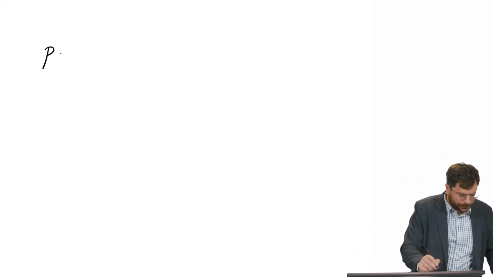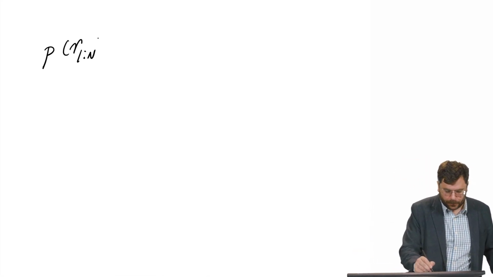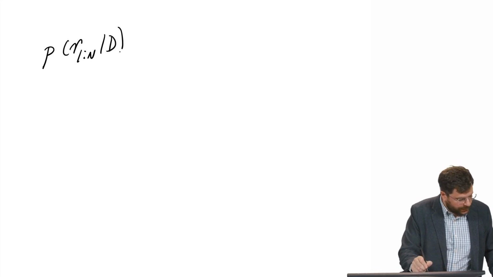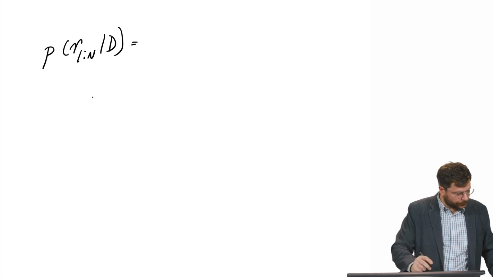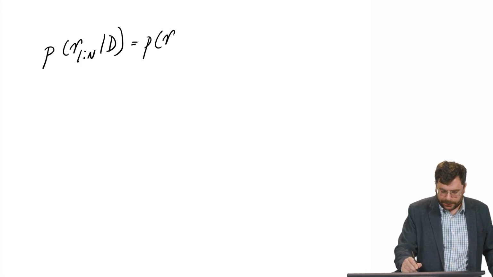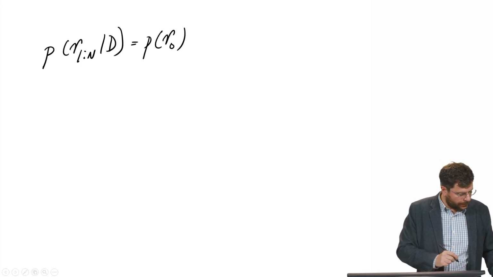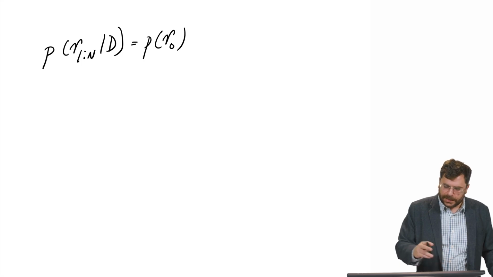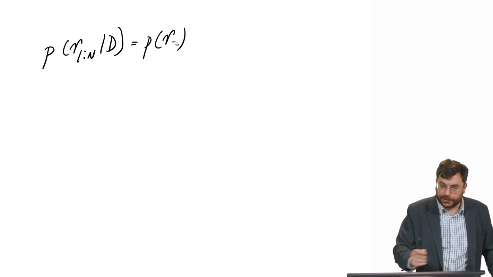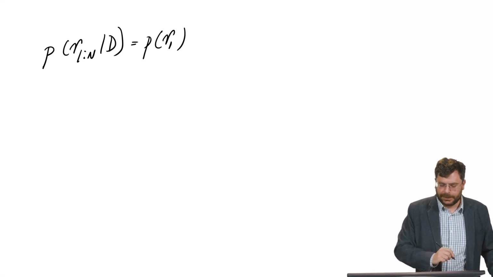So my P of R1 to n, my likelihood, conditioned on D, is P of R naught multiplied by, actually I think it should have been R1 in the last slide.